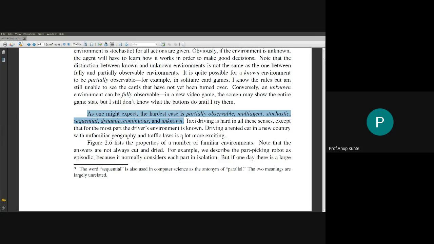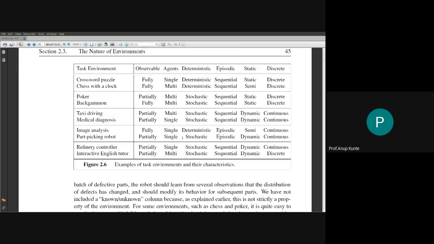Okay, so that's the thing that we need to understand. We also saw figure 2.6, wherein we saw that there are various task environments defined and 6 dimensions of various properties of task environments are written, and we create a tabulation saying, say if we are talking about crossword puzzle, it is a fully observable environment wherein there is only a single agent, because there is only one single person who is actually playing or solving the crossword puzzle.